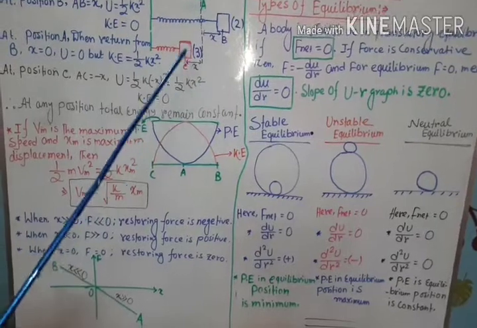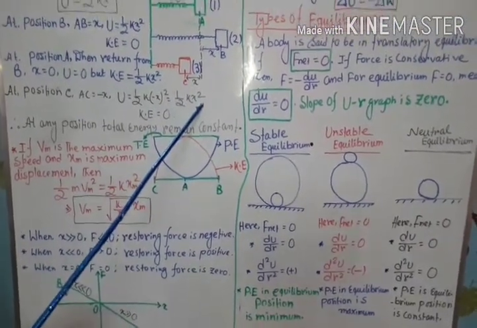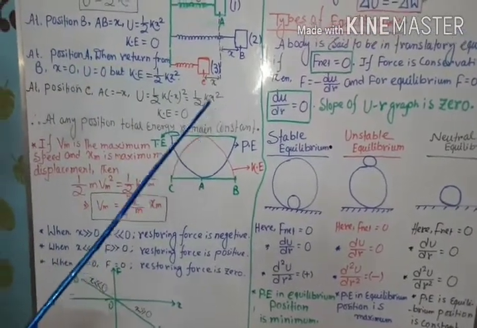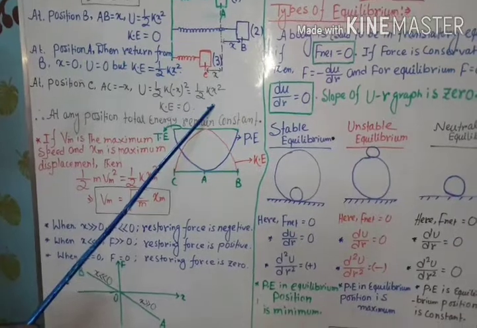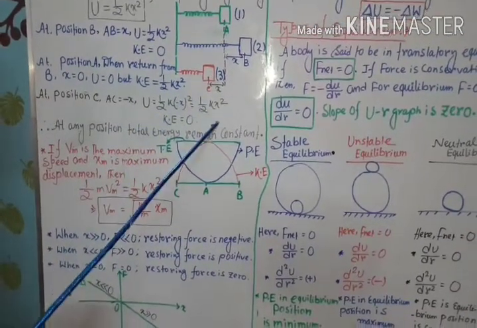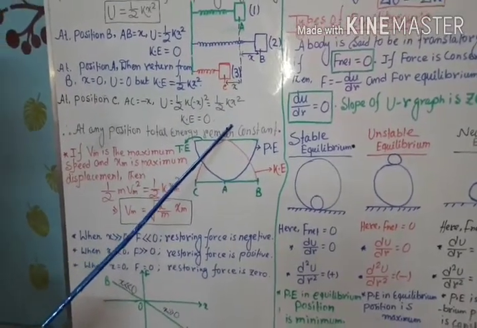So here the total energy is 0 plus half k x square, that is half k x square. From this explanation we can say that whatever the position A, B or C, the total energy of the system always remains constant, that is half k x square.